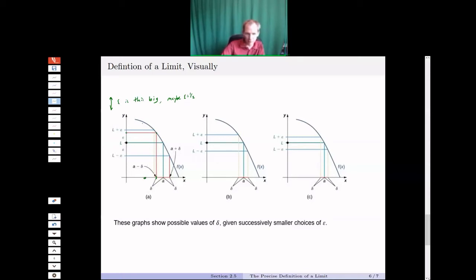If I pick something out here, my y value would be too far away from L. So we need to pick deltas that keep our x values reined in, that keep them close. So we want to pick a small delta. If I pick a smaller epsilon, instead of 1/2, let's suppose epsilon is like 0.1, it's a smaller number. Then we have to be closer to a. We need a smaller delta.